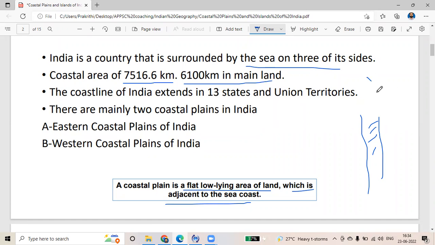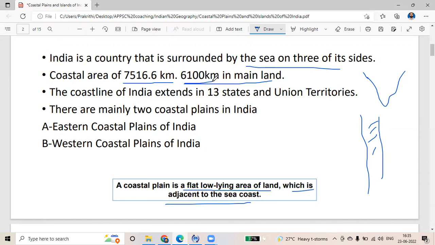That means this is the coastal area of India, and the plain in it, the coastal plain, covers almost 6,100 kilometers.